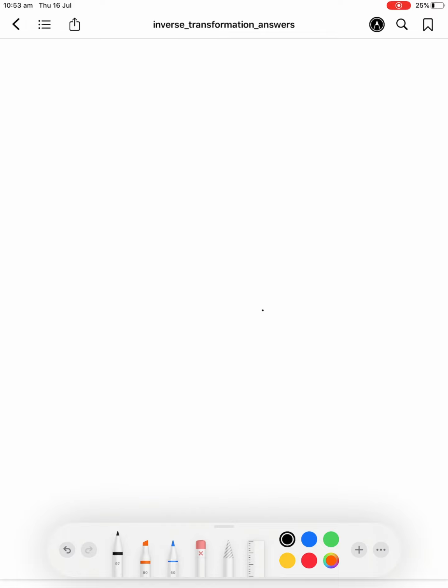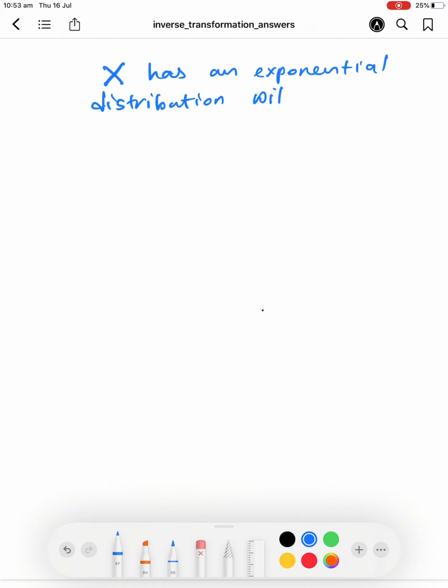Okay, let's try to understand this using an example. Suppose X has an exponential distribution with lambda equals 1, then we can write the probability density function like this.